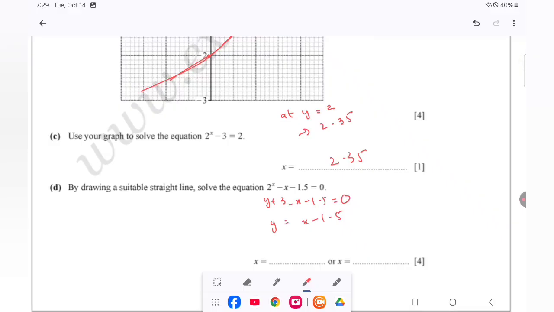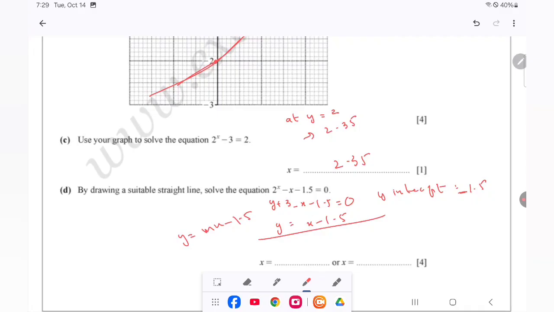Now for the straight line coordinates, the y-intercept is negative 1.5, and this is the equation of our line, which is y equals mx plus c. And here x has two values. First we just calculated x equals 1.5 and the second is negative 1.